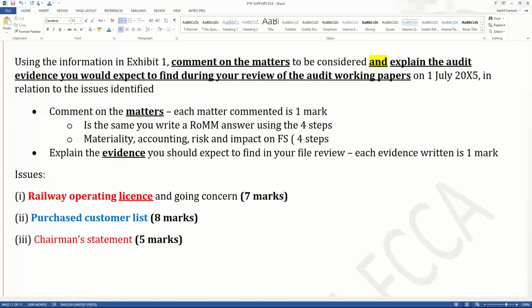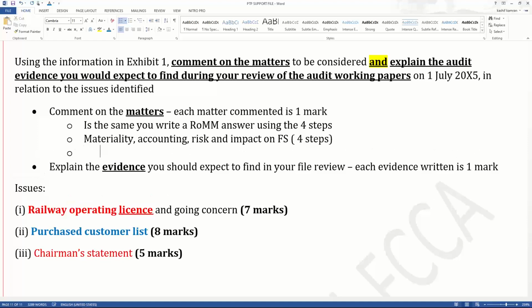Now, my concern is that a lot of the time students only think about the 4 steps when they are commenting on a matter. You need to understand that there might be a matter which is an accounting matter, right? If it is an accounting matter, then the 4 steps are very valid: materiality, accounting treatment, risk, and the impact on the financial statement.